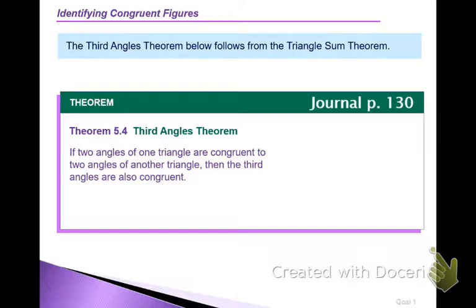You're going to fill in the blank on your notes. If two angles of one triangle are congruent to two angles of another triangle, then the third angles are also congruent.